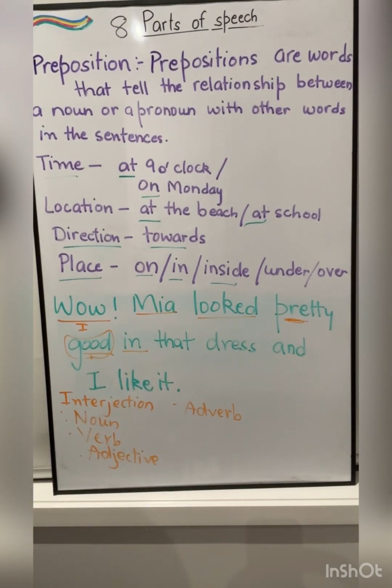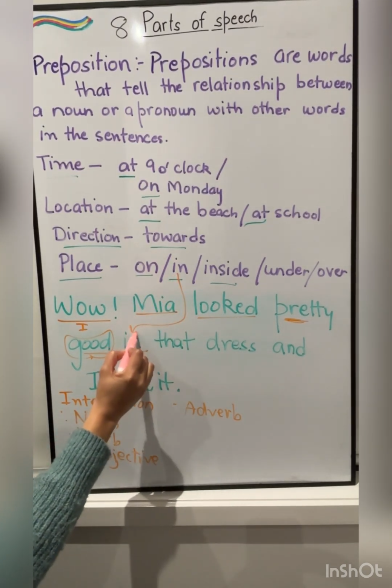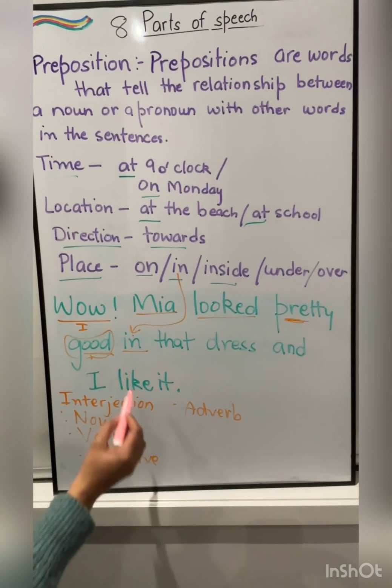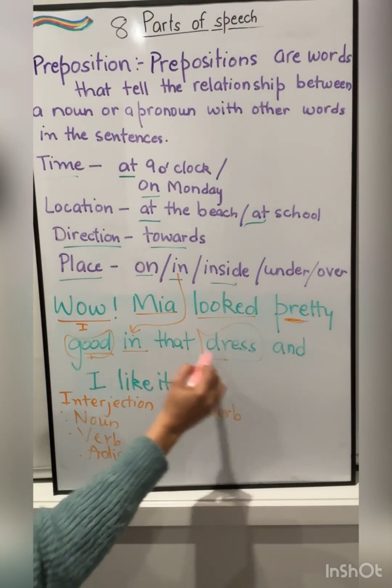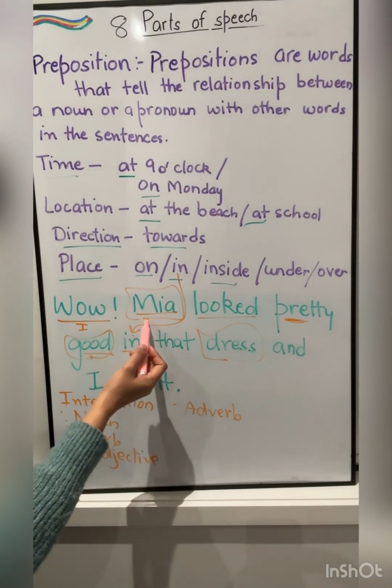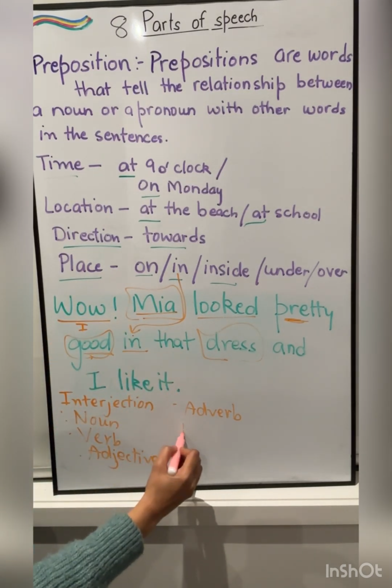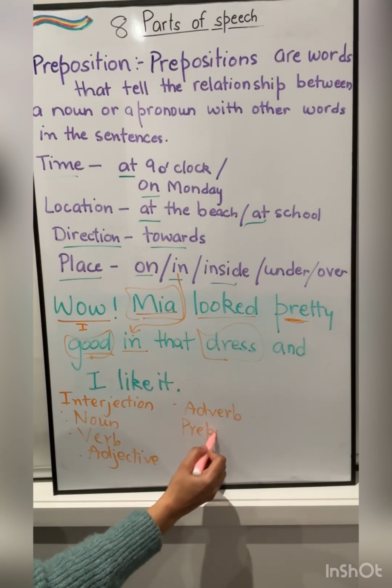In that dress. If you can see, dress is the object that the subject Mia is wearing. So Mia is in the dress. She's wearing the dress. That means we've used a preposition.